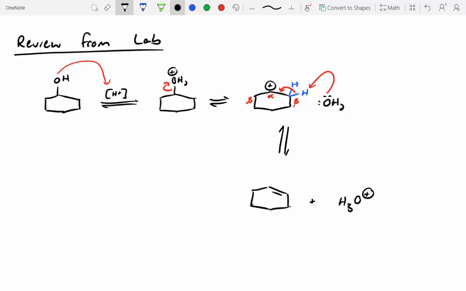So E1 reactions, like I said, are really, really similar to SN1 reactions. There's a ton of different variables we've got to consider when we're comparing the two. However, we're going to be spending the rest of the week really looking at all of those ins and outs.